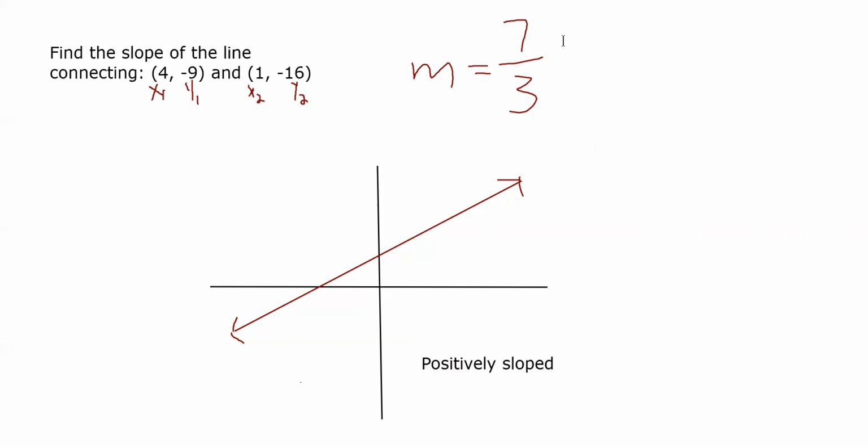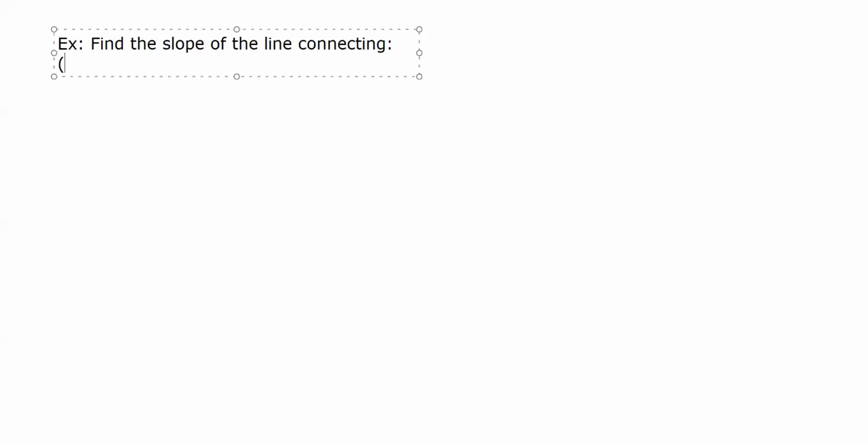But there's 2 other types. We did discuss it last time, so I won't go on too horribly long about this. A horizontal line, but let's go even further with it this time. So I'll give you an example of a horizontal line, but then let's talk about how we construct the equation of a horizontal line. Now let's find the slope of the line connecting.